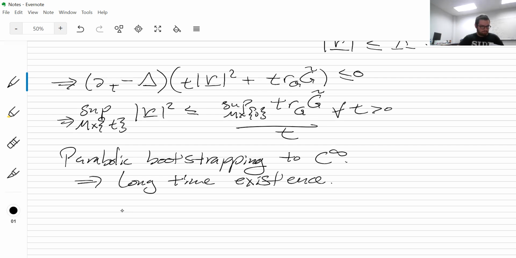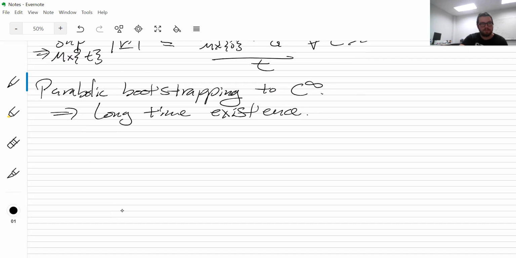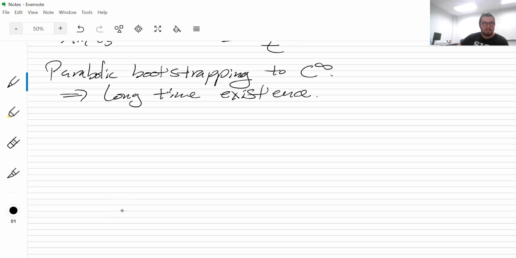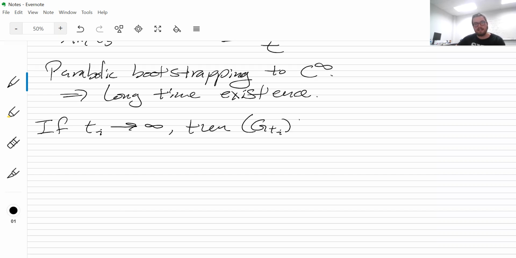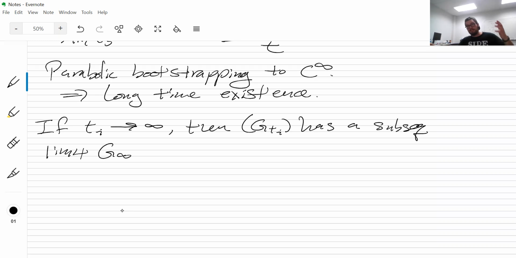I won't give the whole argument, but if you have a sequence of times t_i going to infinity, then these g_{t_i} have to have a subsequential limit, g infinity, just because we have uniform C infinity estimates, so Arzelà-Ascoli and such kicks in.